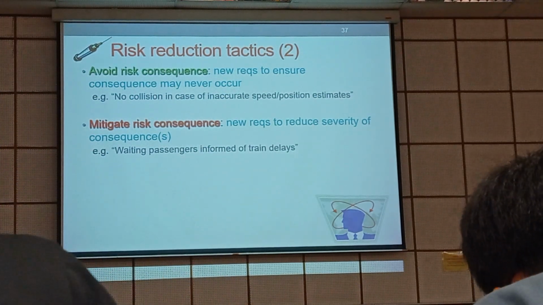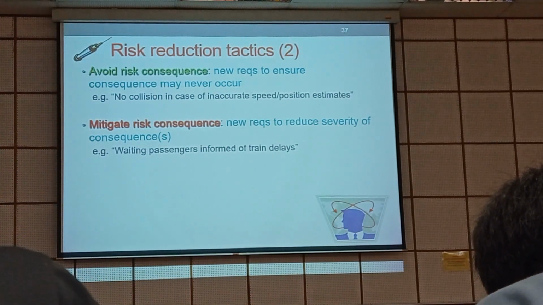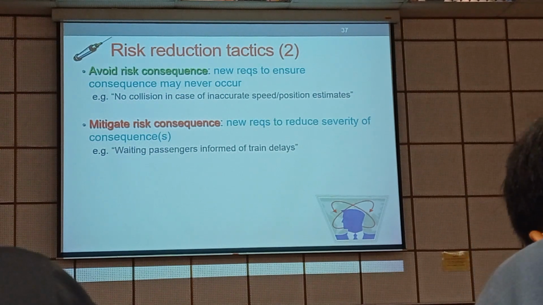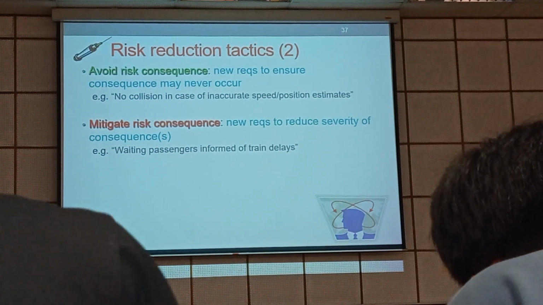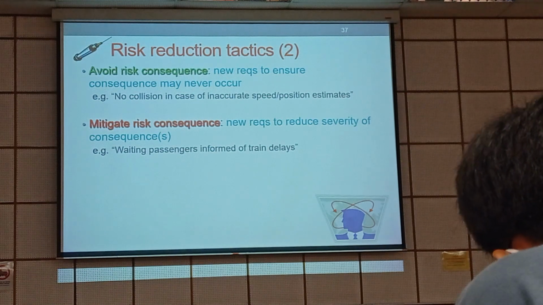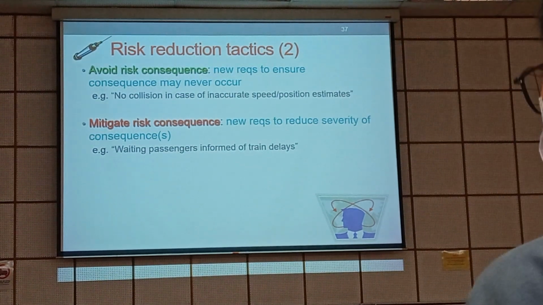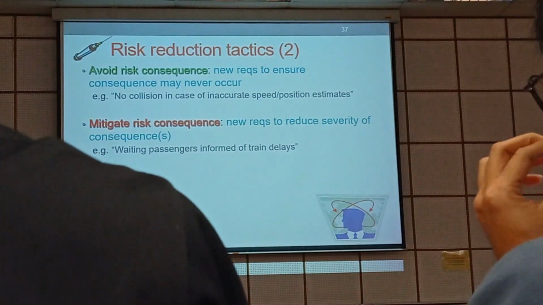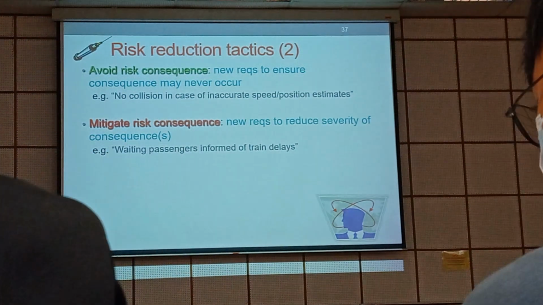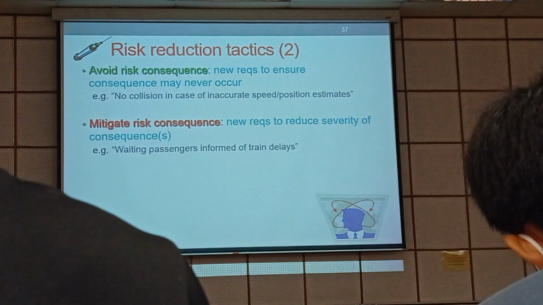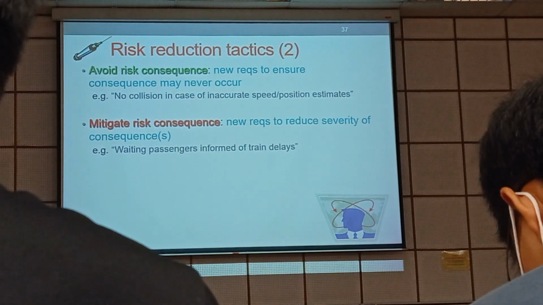Then mitigate risk consequences. So you have to find the risk consequences and new requirements to reduce the severity. Try to reduce the severity of the consequences, the serious effect of the consequences. Now what is severity? Seriousness.